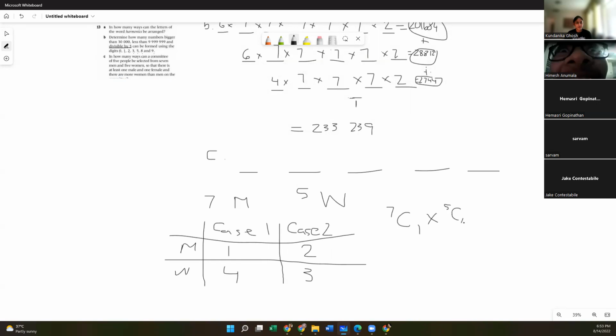So it's 5 choose 4. And then we add all of those solutions to the solutions of case 2, which is out of 7 men, we choose 2 men, times out of 5 women, we choose 3 women.